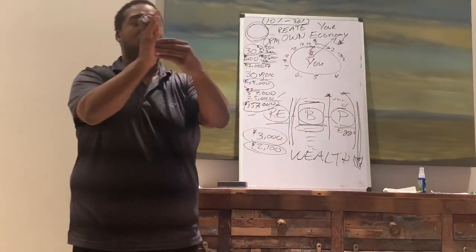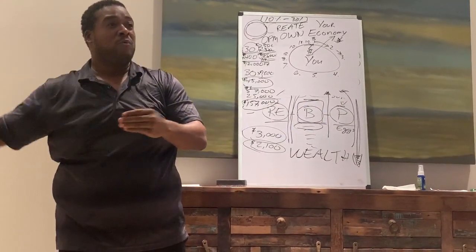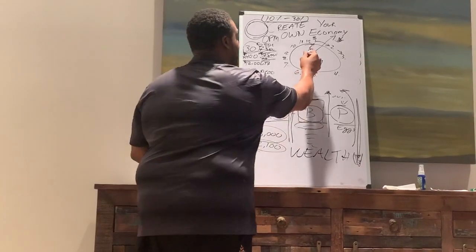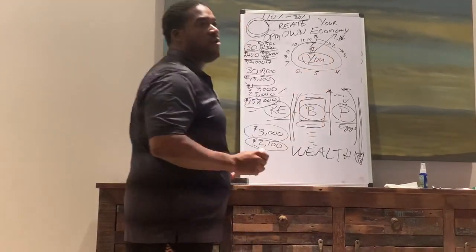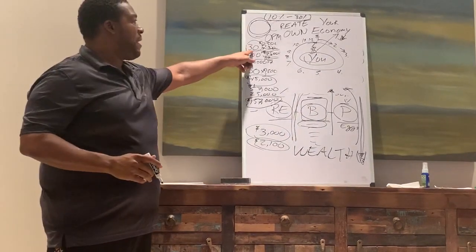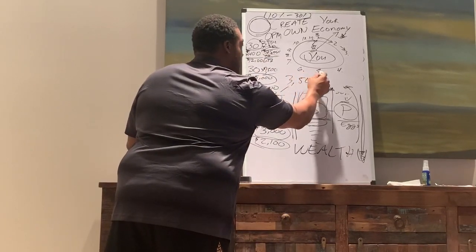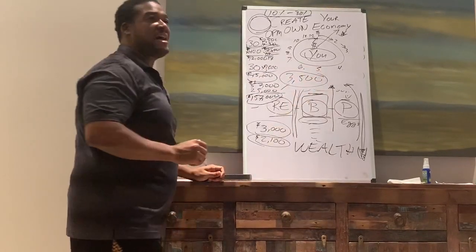So that money comes through Amazon's door. They keep a little bit of it and pay the vendor to deliver. What you want to become is the Amazon of your own economy. And you don't need a big piece of that pie to produce the cash flow that you need to be financially free and time free.